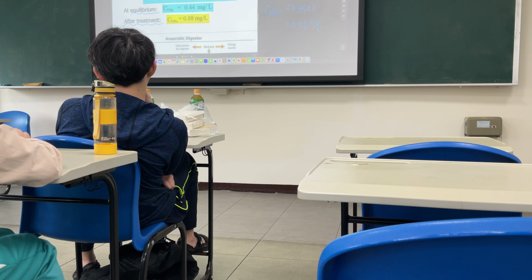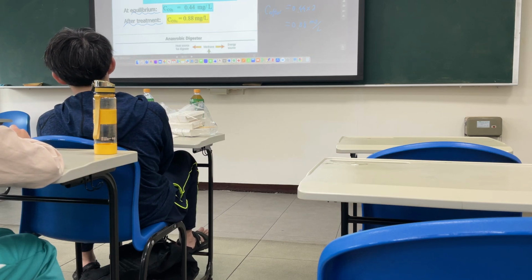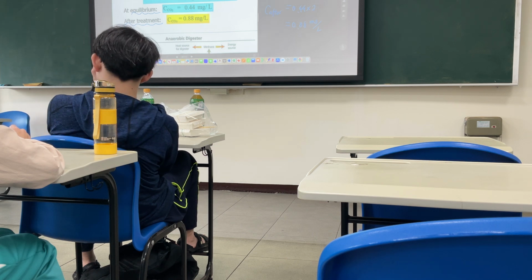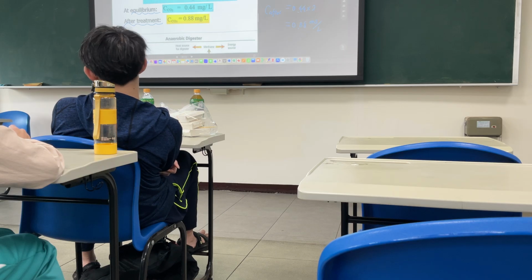So Henry's law can be used to determine the equilibrium concentration. Please write this down. You need to find out the equilibrium concentration first, which means before the treatment. And the question will tell you what is going to happen after treatment.